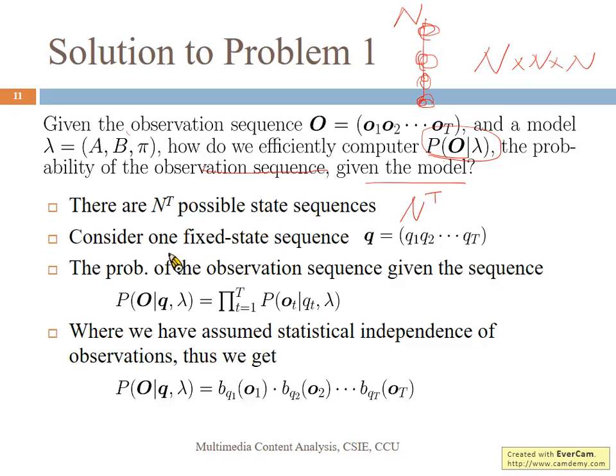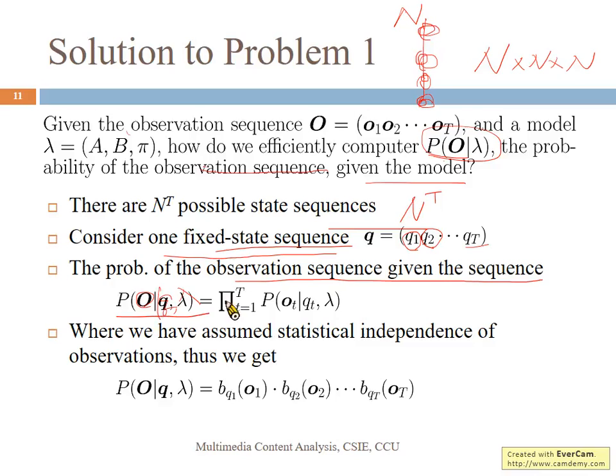If we consider only one fixed state sequence Q, that means at time instance 1, the state is Q1, at time instance 2, the state is Q2, and so on. Then given this state sequence, the probability of the observation sequence is P(O given Q and lambda).